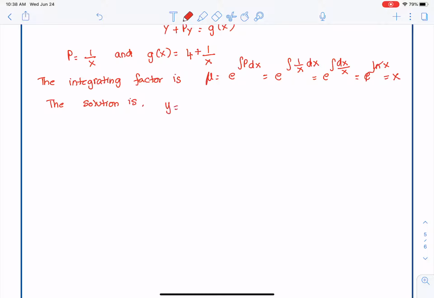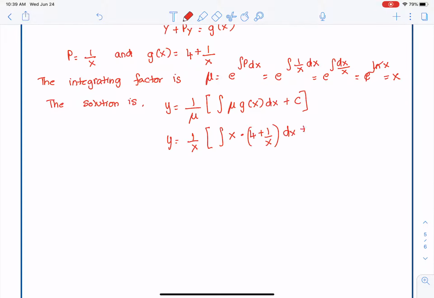So we found the integrating factor, which is x, so the solution is y equal to 1 over mu integral mu times g of x dx plus c. Mu is x. X times (4 plus 1 over x) dx, which is g of x.